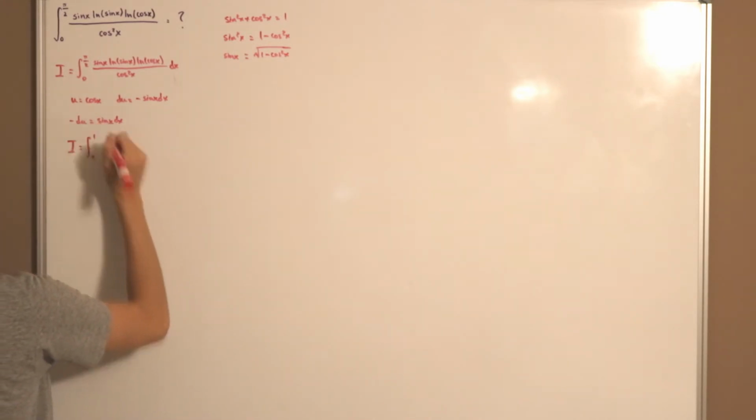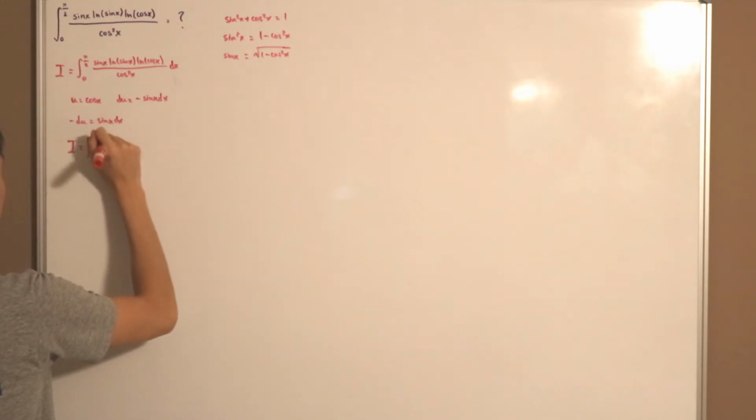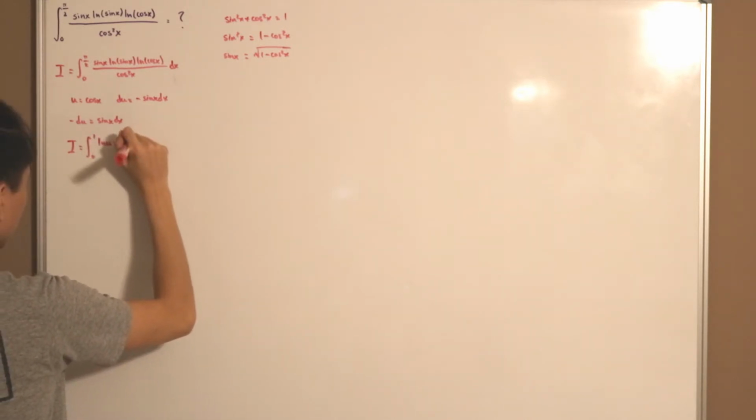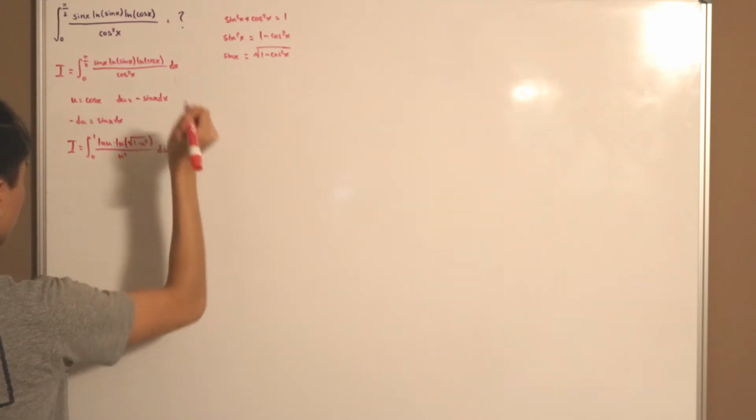It'll just be the integral from 0 to 1 of the natural log of u times the natural log of the square root of 1 minus u squared, divided by u squared du.